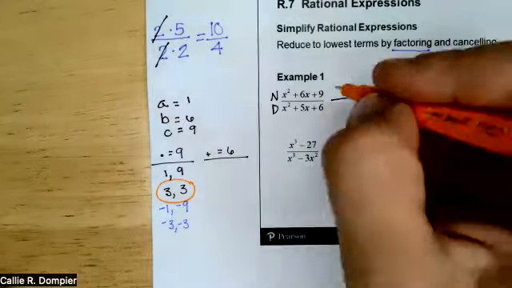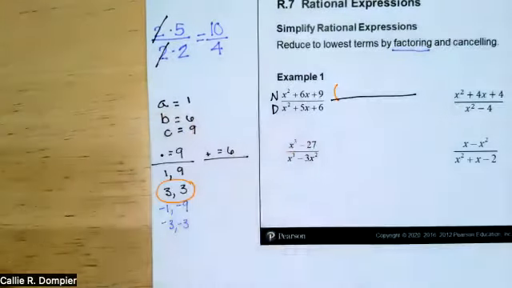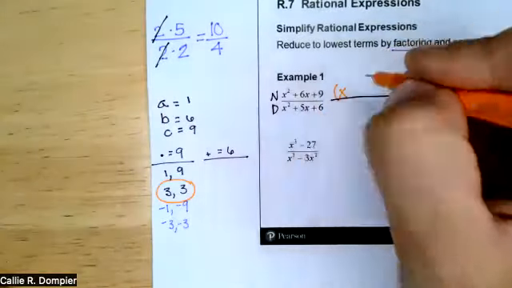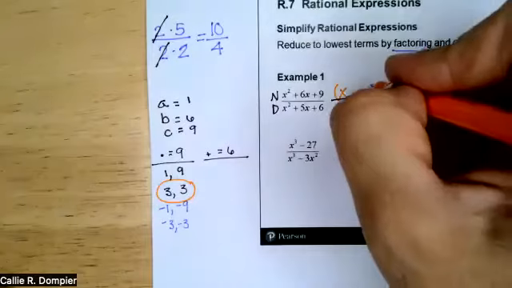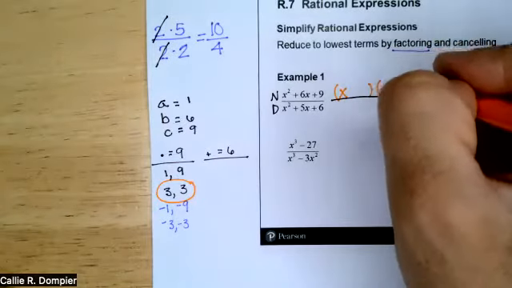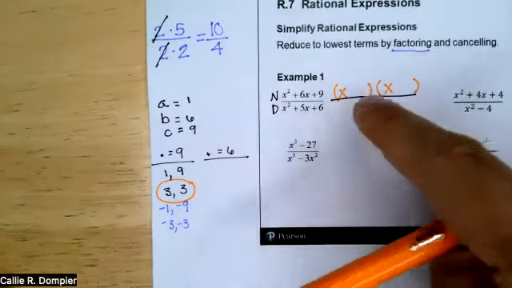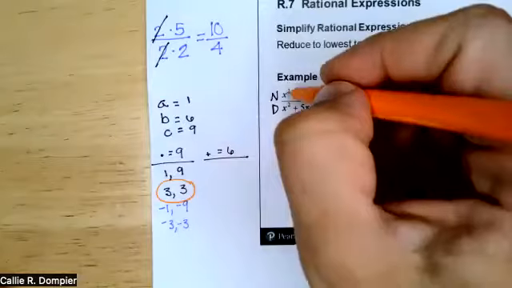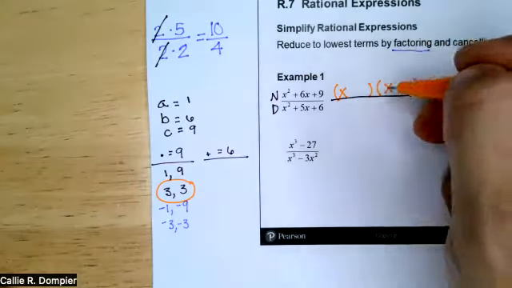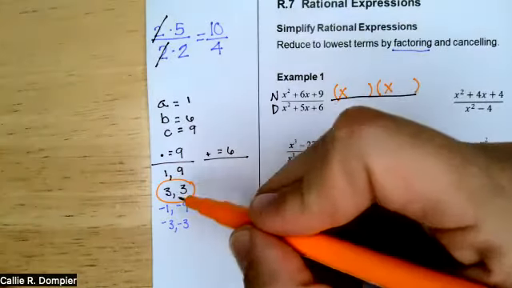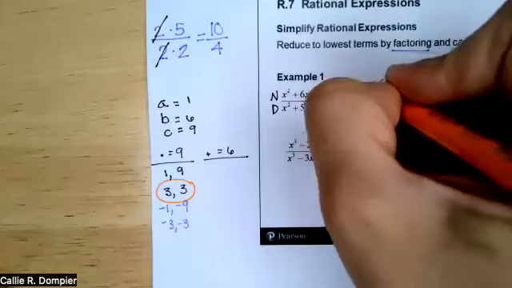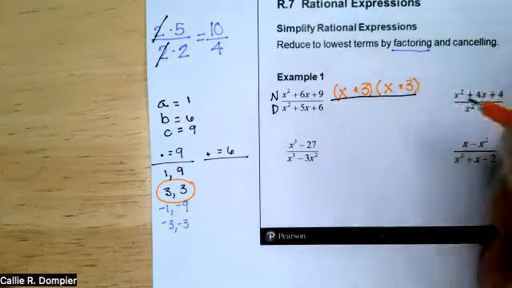So since A is 1, x squared only factors to x times x. It also factors to x squared and 1, but we would never use that, don't worry. So if you see x squared, you can just automatically write x times x. And then our other two terms are going to be a positive 3 and a positive 3. Good.